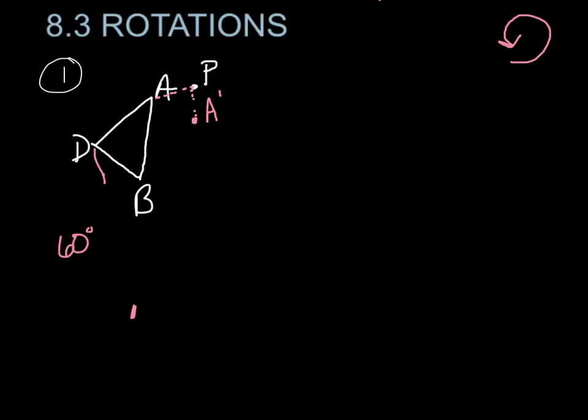So then my next point, I'm going to move D. If I move D, I'm going to use blue here. I'm going to measure this. D is approximately 1.5 inches from P, and I have to move it 60 degrees.